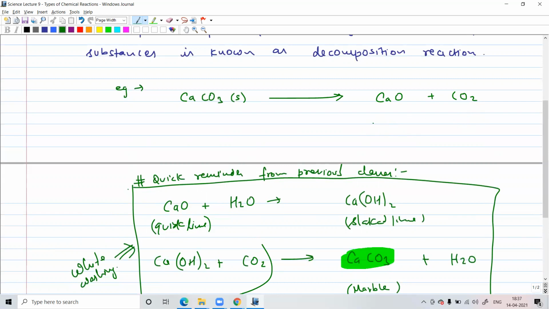Okay, so will all of you remember this reaction now? And this calcium carbonate, there is a common name for it. It's called limestone. Remember the common name, limestone. So don't call it marble. Marble also has the same thing, but the common name is limestone. You will know it by that name.